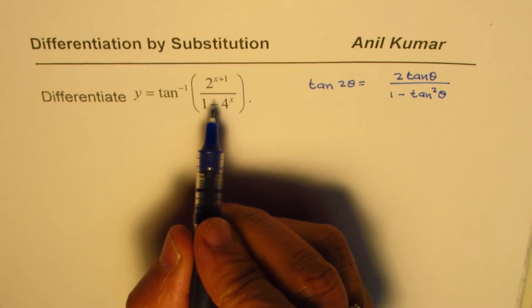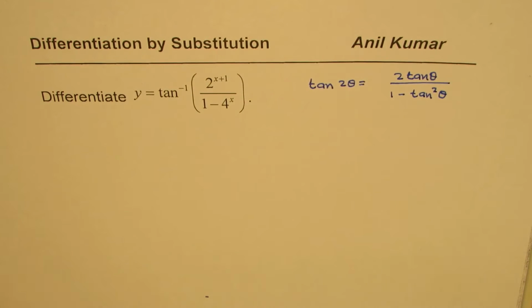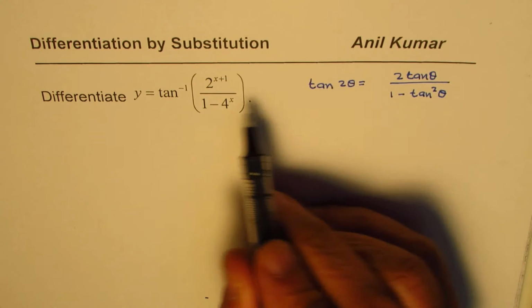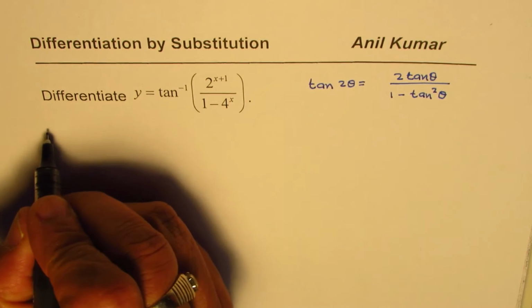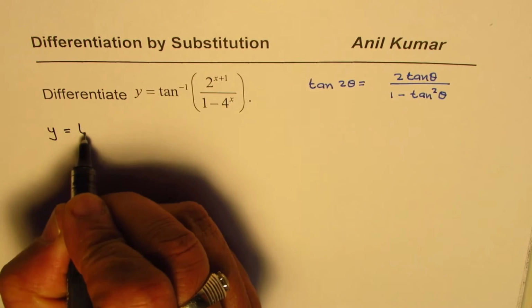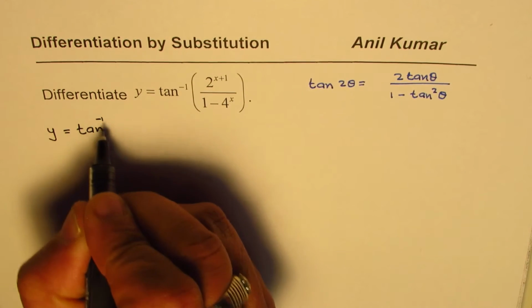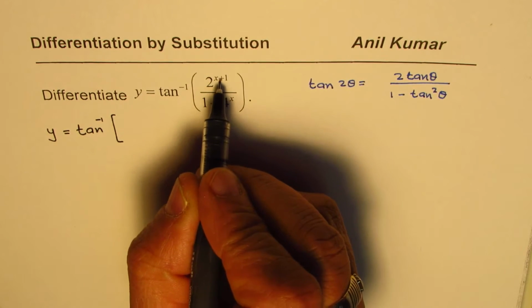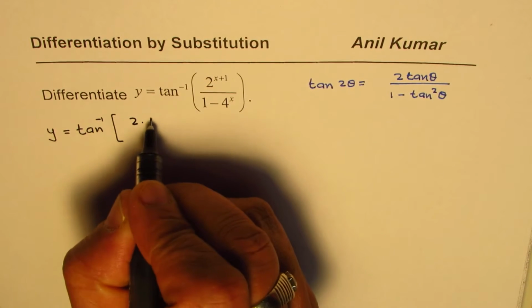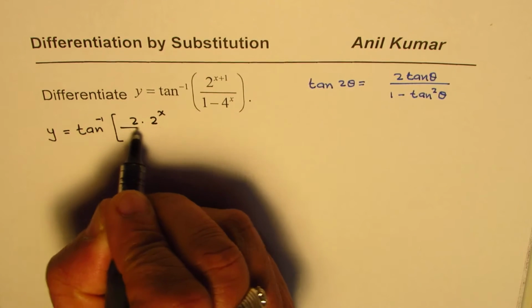So let us see what substitution works best for us. We need to replace something by tan theta. That's what we know. So first I will rewrite this formula. Let's say y equals tan inverse, and within brackets, I can write 2 to the power of x plus 1 as 2 times 2 to the power of x.